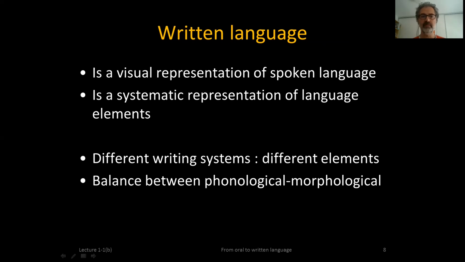And in every language, there is a balance between the kinds of elements that are represented, mostly between representing speech sounds and morphological elements, that is, word parts with specific meanings, but additional elements like grammatical and phrase and prosodic elements can also be represented. So this general statement that written language is a systematic representation of language elements is correct, but is accompanied by a range of complexities that vary between different writing systems.